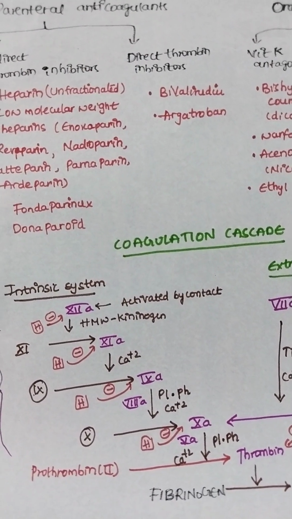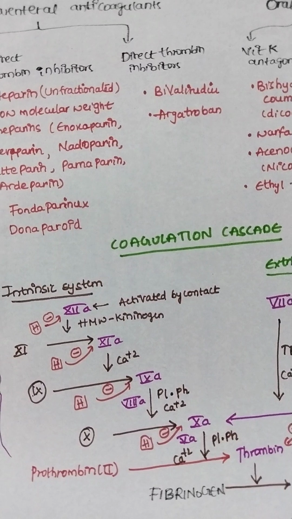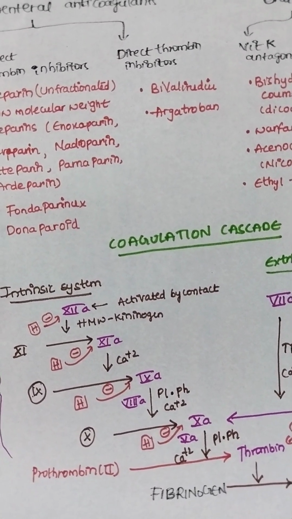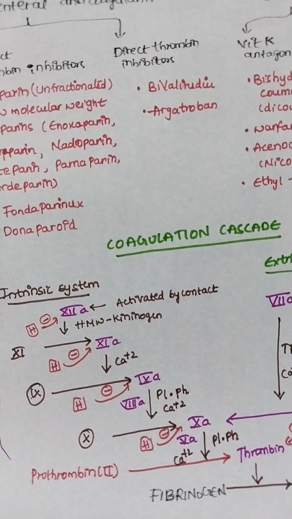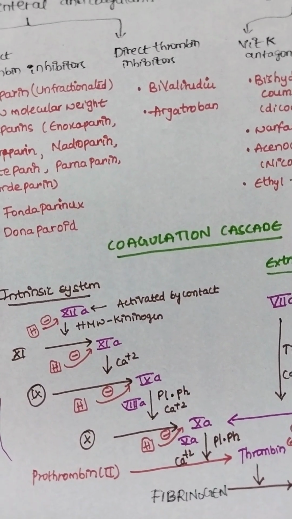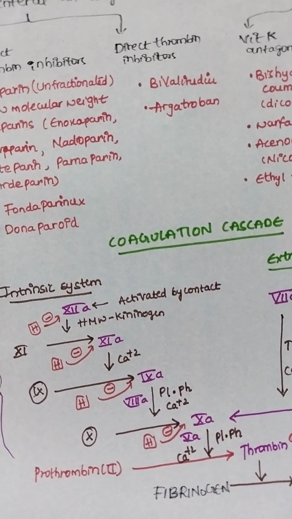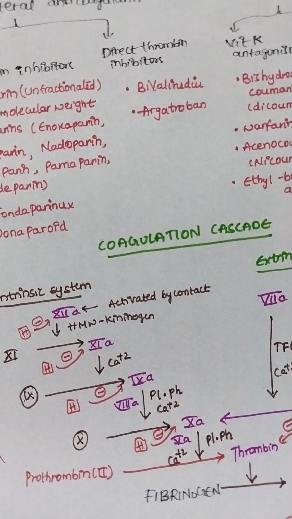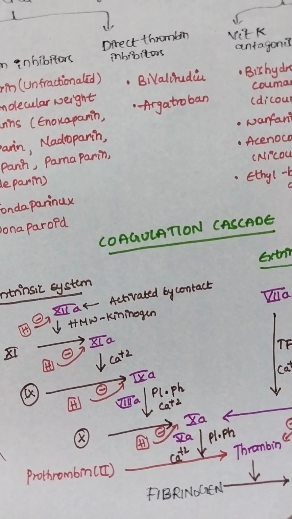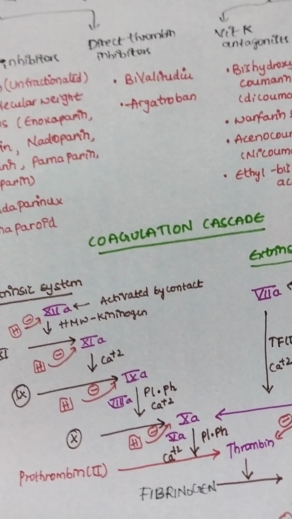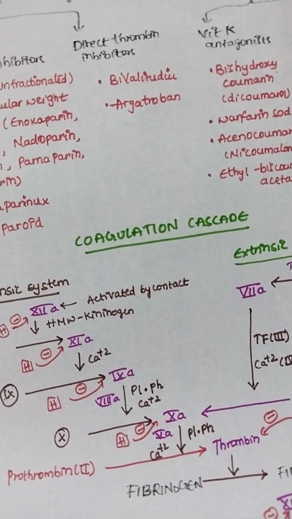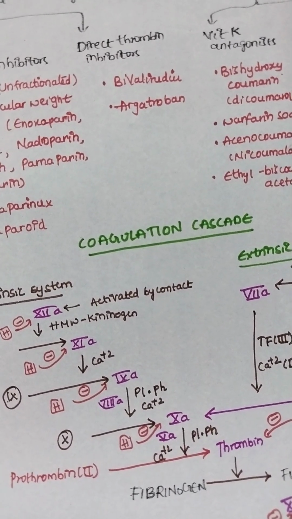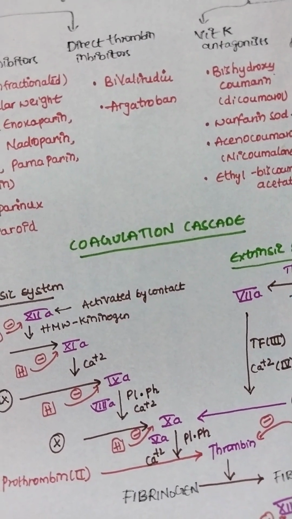By this 12A factor, the 11th factor will get activated into 11A by means of high molecular weight kininogen, and this 11A will act upon 9, activating it into 9A, and this 9A will act upon 10 and activate the 10th factor into 10A. Okay. And this 10A will act upon prothrombin and convert it into active thrombin in the presence of plasma phospholipids.